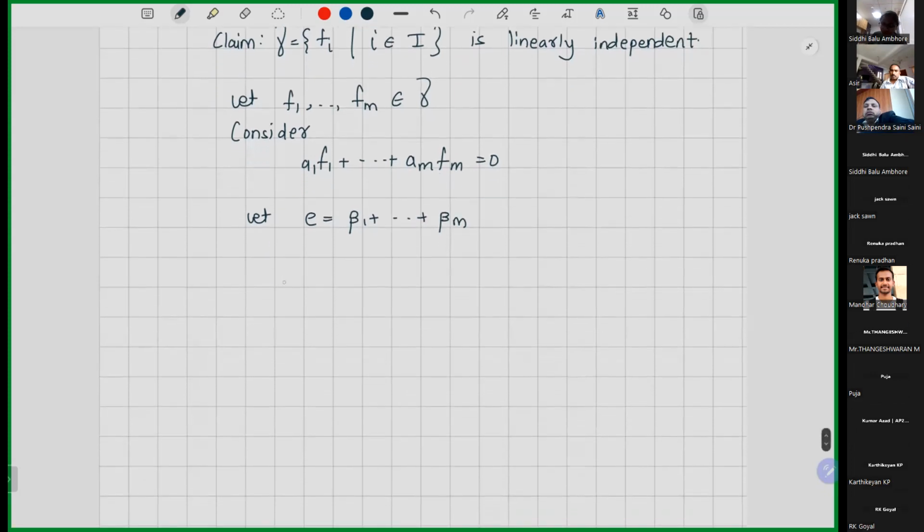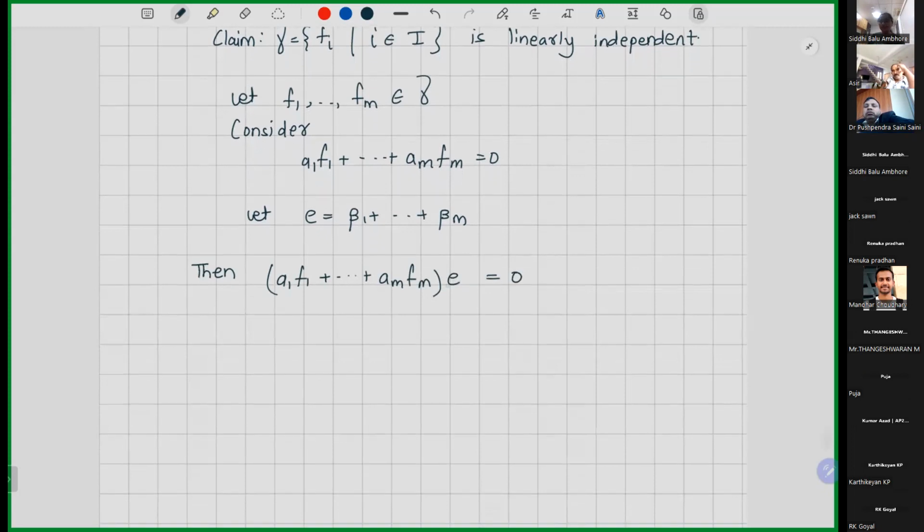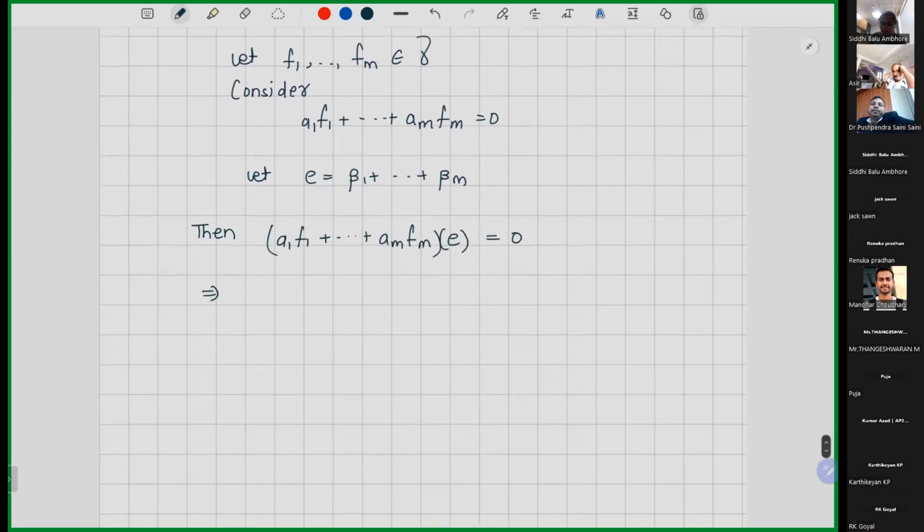Then what is A1 F1 plus up to AM FM evaluated at E? It is 0 because we are assuming this is the zero map. But if I evaluate this, A1 F1 plus up to AM FM at beta 1 plus up to beta m is equal to 0. When I evaluate A1 F1 on this element, F1 will only map beta 1 to beta 1 and the rest will go to 0.